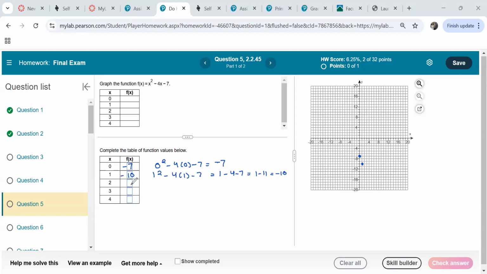All right, so if we look at 2, we have 2 squared minus 4 times 2 minus 7. So we have 4 minus 8 minus 7. So it is 4 minus 15. So this is just negative 11.